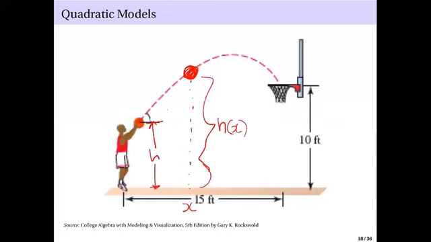And the height is your 10 feet. Which means this particular point is the point (15, 10). Correct? Following?